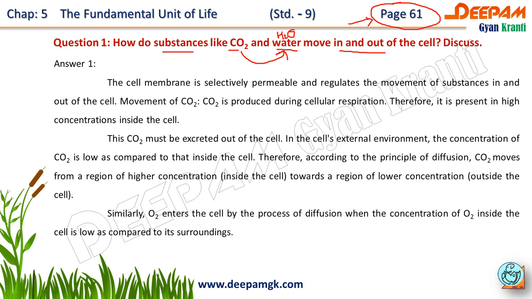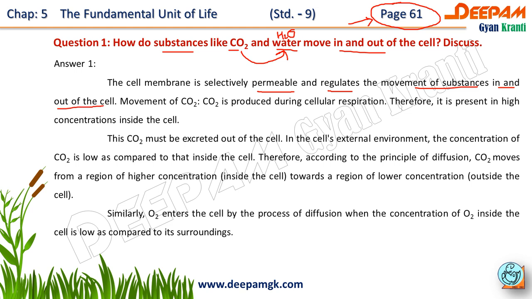The answer of this question is that the cell membrane is selectively permeable and regulates the movement of substances in and out of the cell. They are very selective.